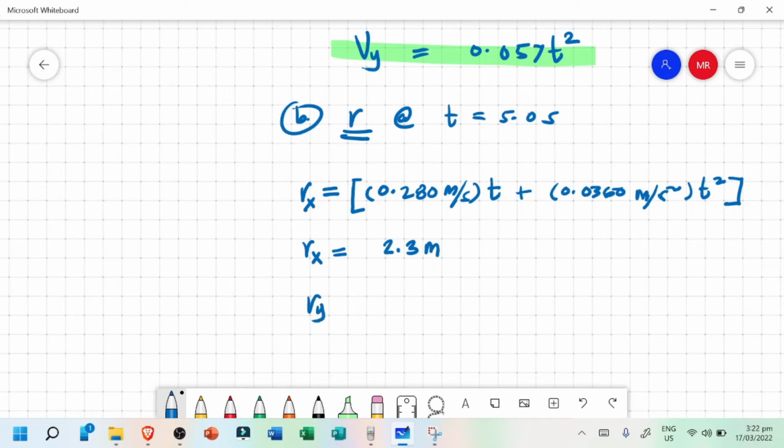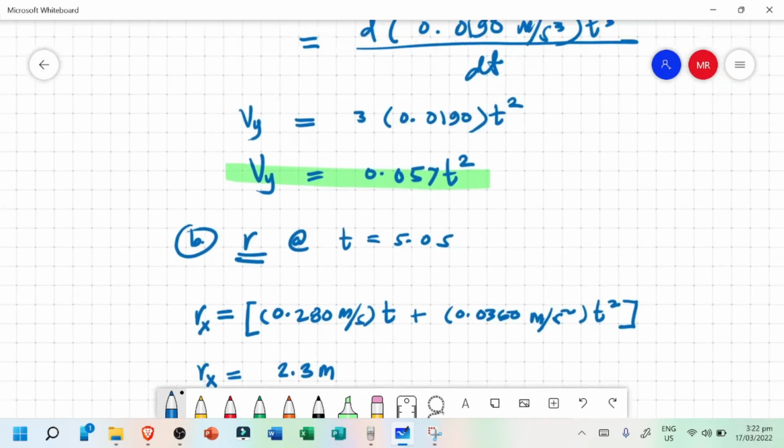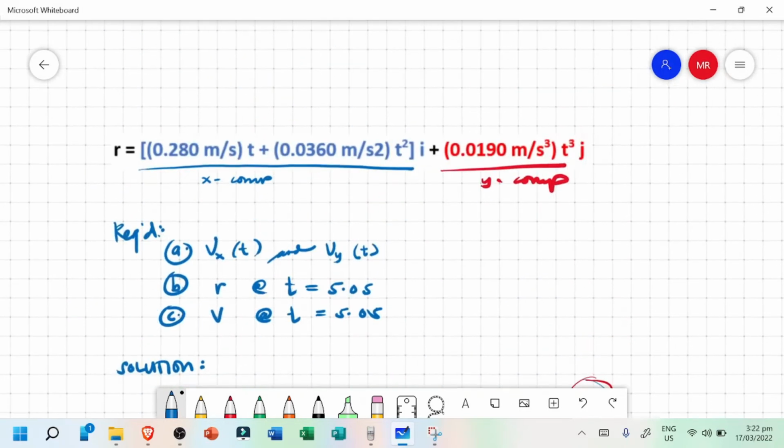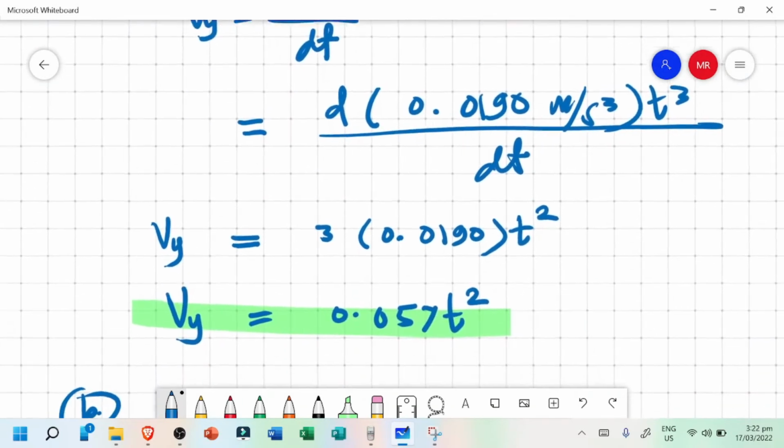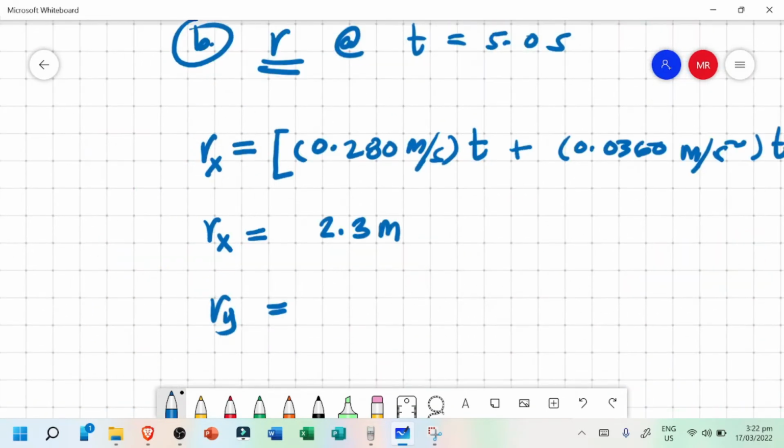Let's say ry, where ry according to our equation is 0.0190 meter per second cubed, t cubed.